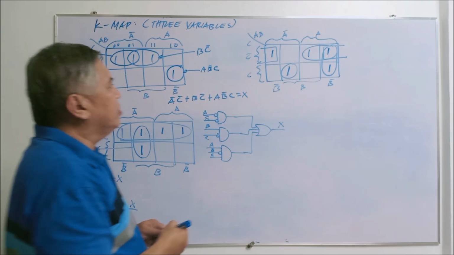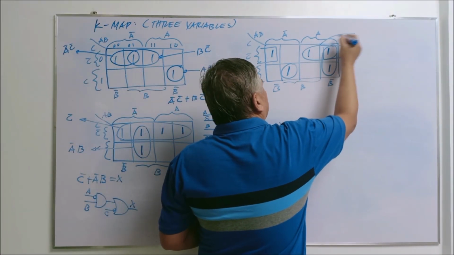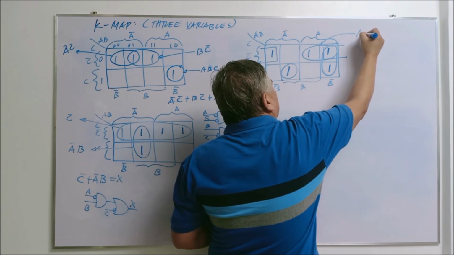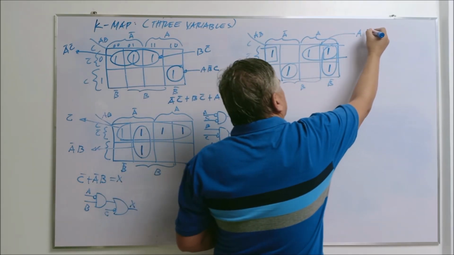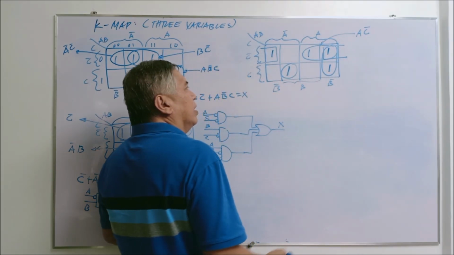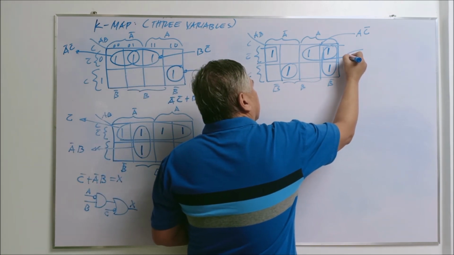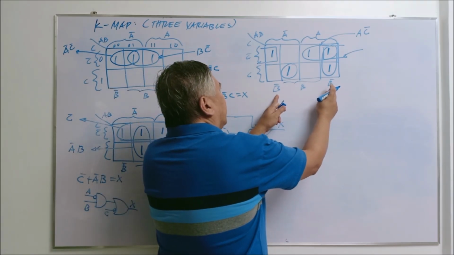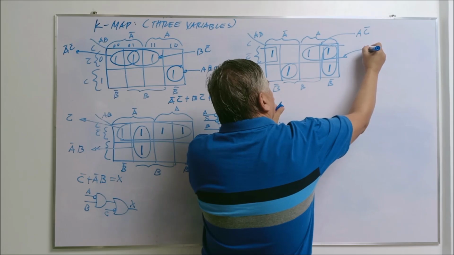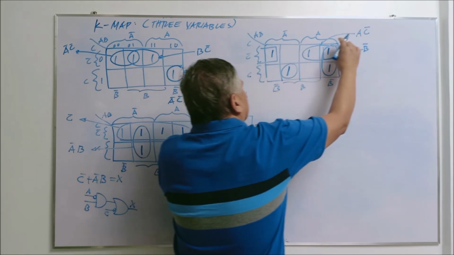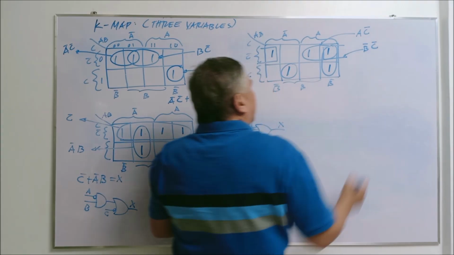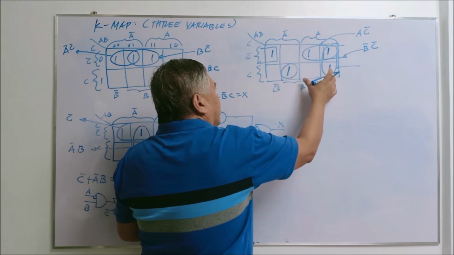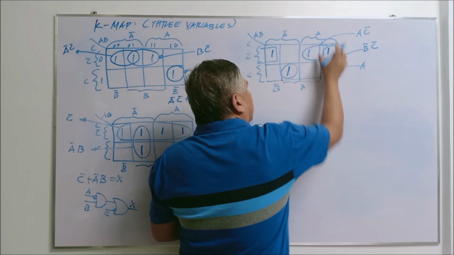So what will be our equation? This group belongs to A and at the same time belongs to C bar. And this one here, this one and this one, belongs to B bar and C bar. And then this group here belongs to A and B bar.